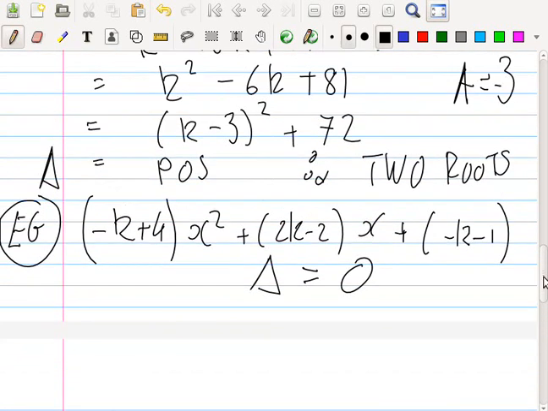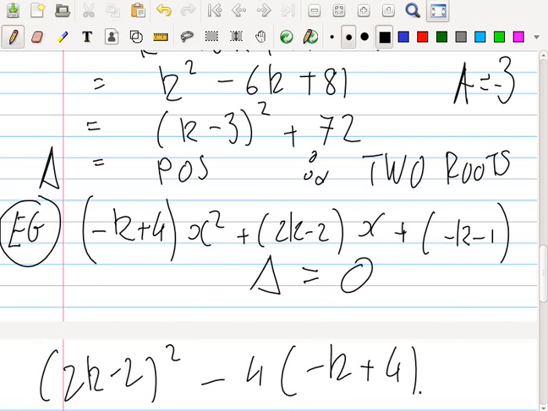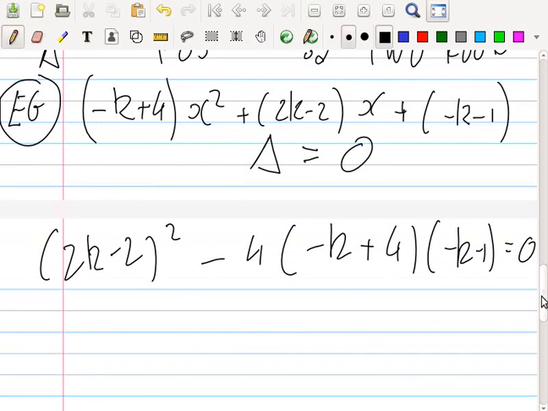So, discriminant is b squared minus 4 times a times c. That should equal 0. Okay, let's multiply this out. 4k squared minus 8k plus 4.